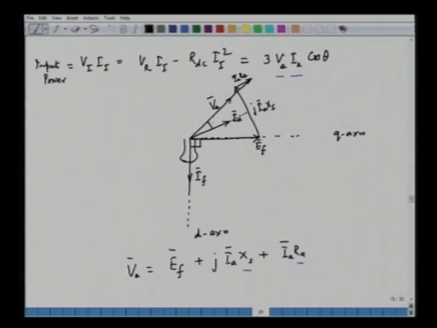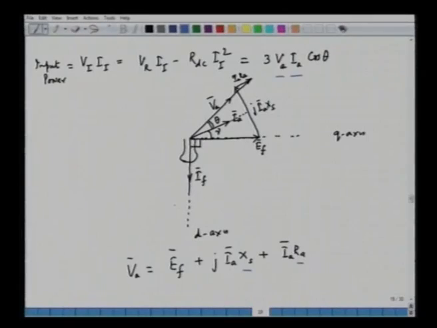The angle between VA and IA is theta, the power factor angle, and the angle between the phase A current phasor and the q axis is gamma. Each one is a rotating phasor, and these are DC variables. When we talk about the rotor reference frame, the rotor is rotating at a speed of omega r.